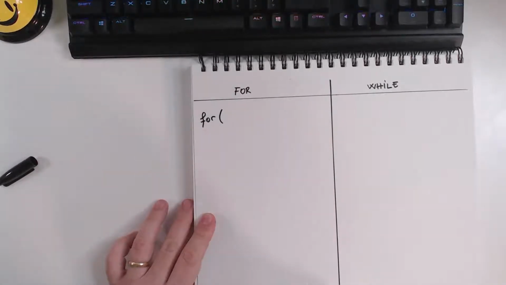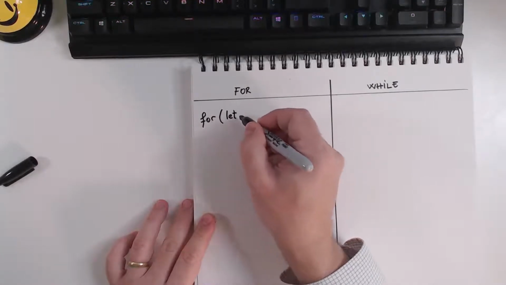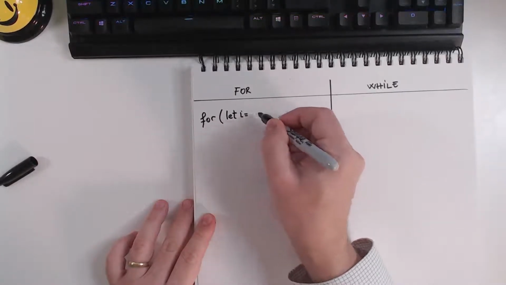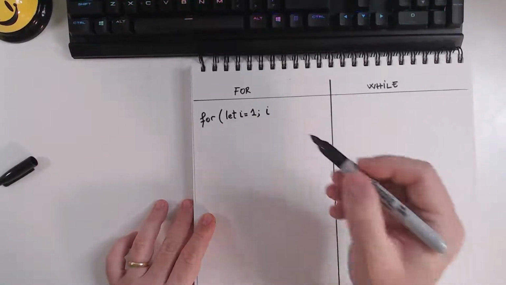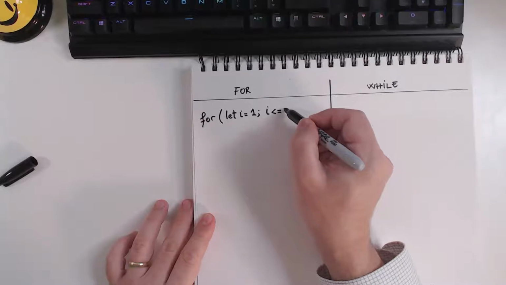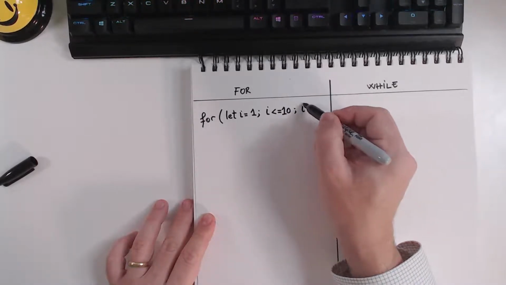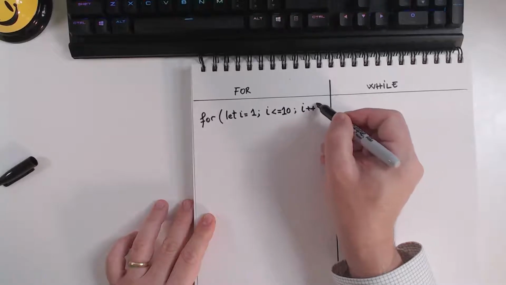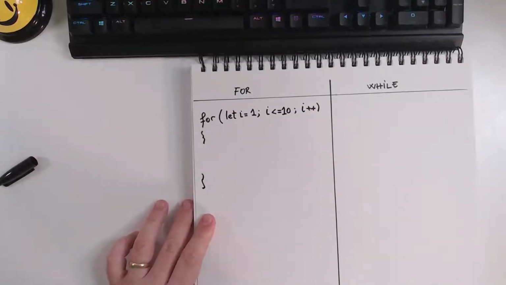I'm going to put it as an example just because it's easier to understand rather than explain it in different words. So we said 1 here, i less than or equal to 10. I'm just picking the example from today, i plus plus, and then here was the code block of for.